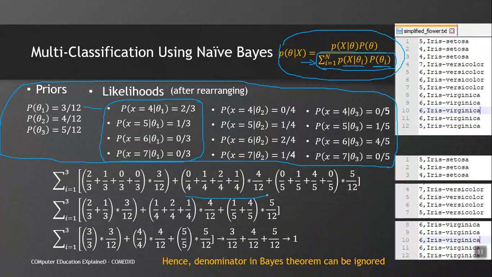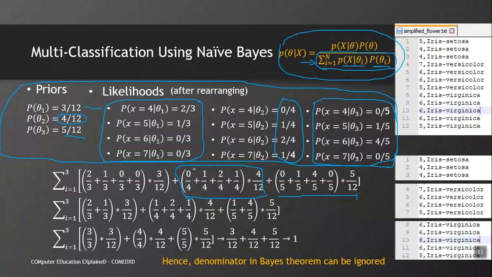Similarly, we work out for class 2, we get all these values and we multiply them with this value 4 over 12. This you can see here. And for the third and the last class, we also get this 5 over 12, which is the probability of class 3, multiplied by all the values taken from here.